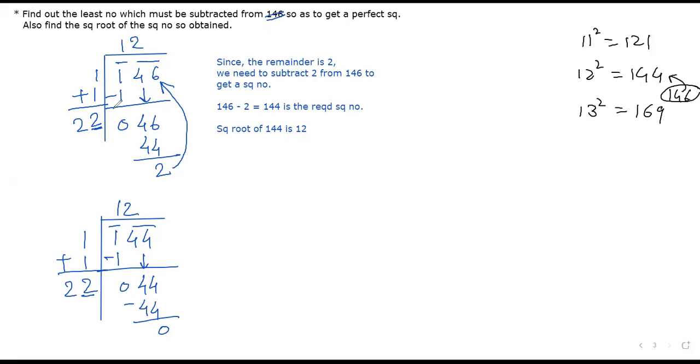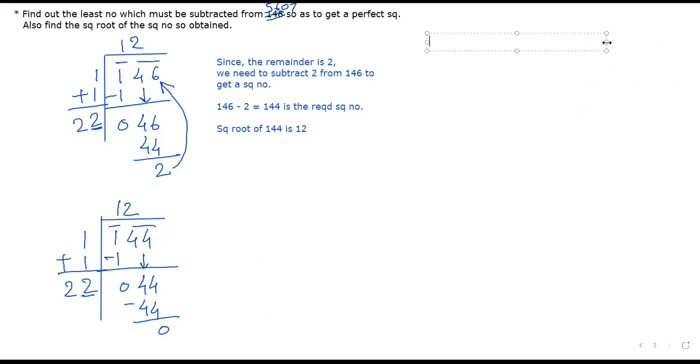Now the next question, same type, example number 10. Find the least number which must be subtracted from 5607. So what should we do? For that purpose, apply the long division method for 5607. Yes or no, children? Yes, sir.